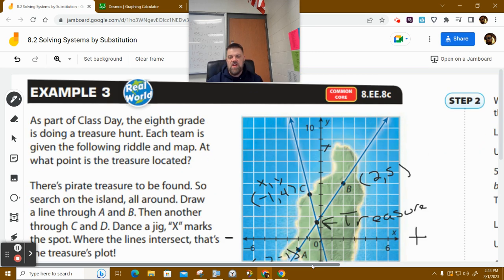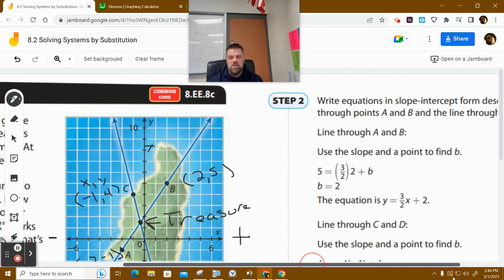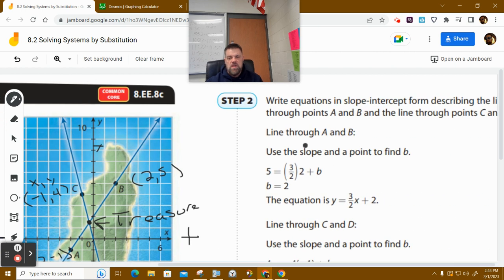So now we need to find the y-intercepts. Well, A and B, to find the y-intercept mathematically, we could look. It looks like it crosses at 2, but we should do the math. We know that the point 2, 5 exists, right? That's this point here. That's an x value, and that's a y value.